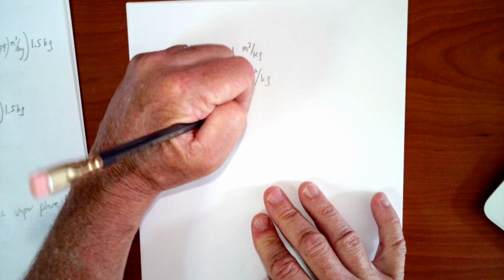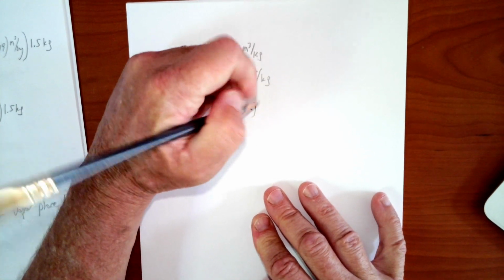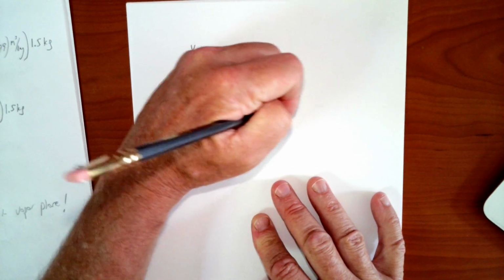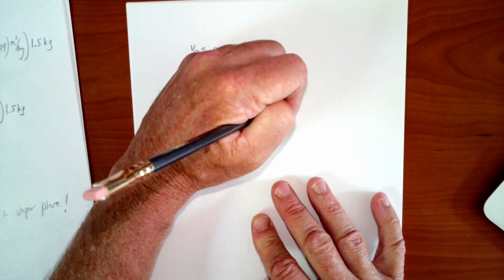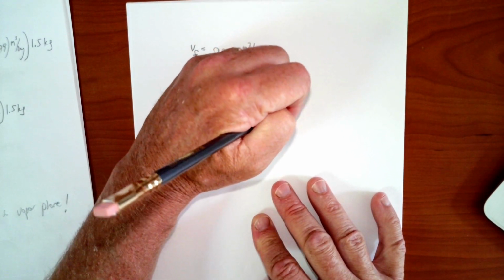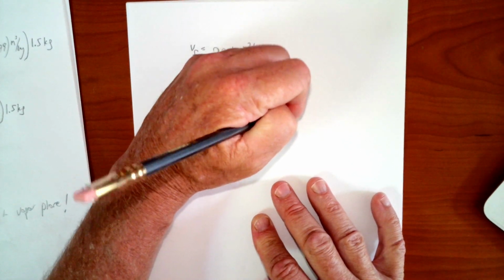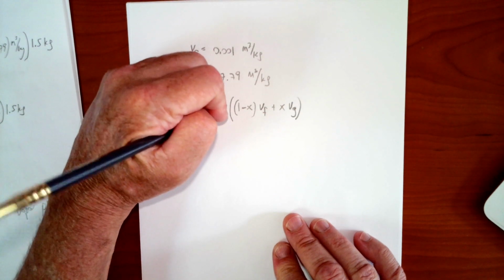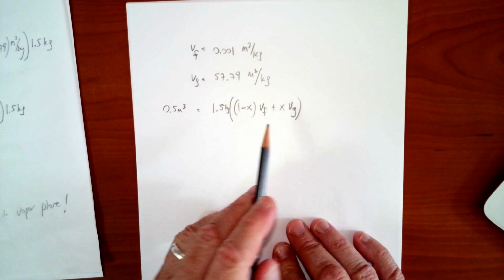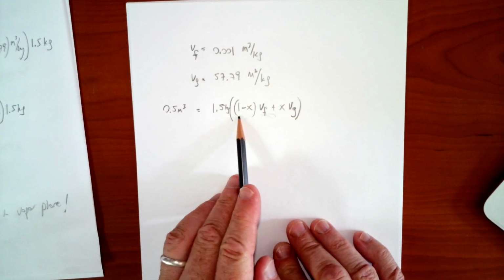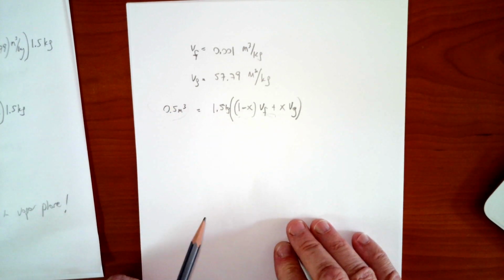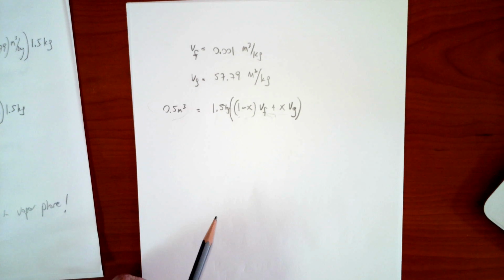You use the mass fraction X: 1 minus X times the liquid specific volume, plus X times the vapor specific volume. So 1.5 kilograms times this mix of liquid and gas volume has to equal 0.5 meters cubed, because the whole container has to be full with 1.5 kilograms of water.